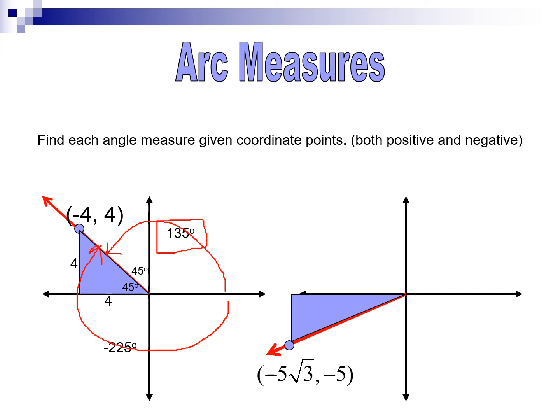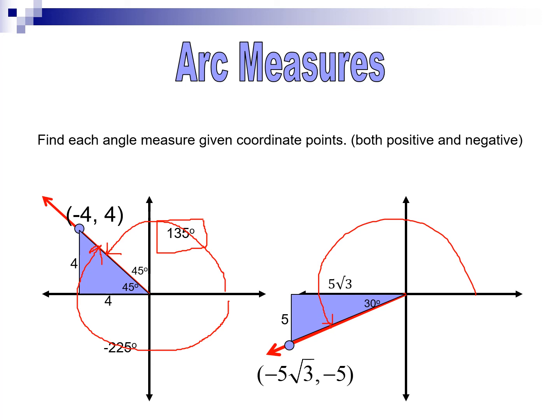Same thing, we're going to throw in a triangle. Know that that leg is 5√3. The other leg is just 5, and this also is a special right triangle. If you remember those properties, you will remember that this angle is 30 degrees, which now makes it fairly easy to find that angle.